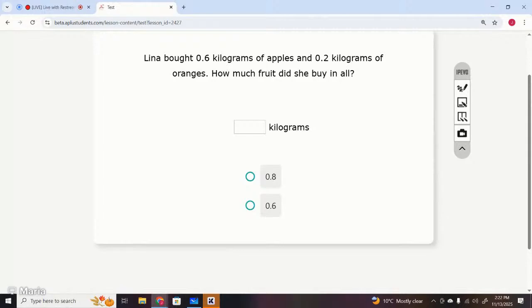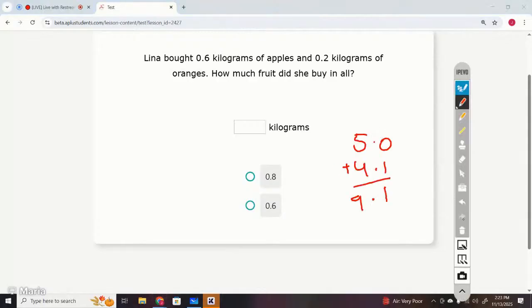Lena bought 0.6 kilograms of apples and 0.2 kilograms of oranges. How much fruit did she buy in all? You need to add 0.2 and 0.6.